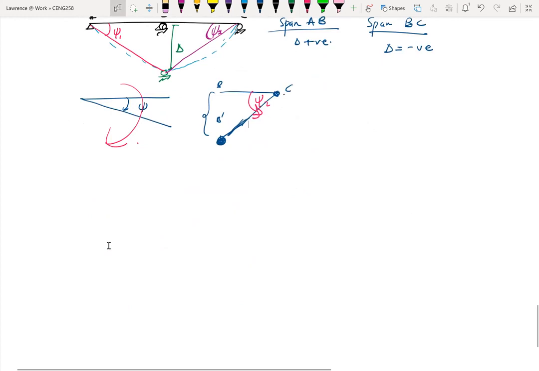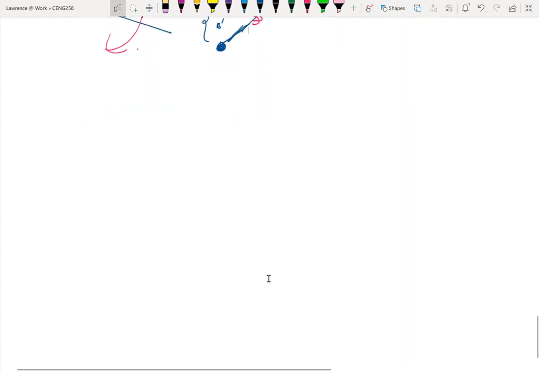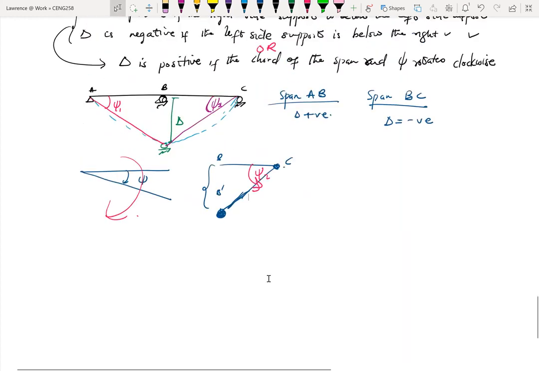Okay. Now let's see how we can formulate the equation.